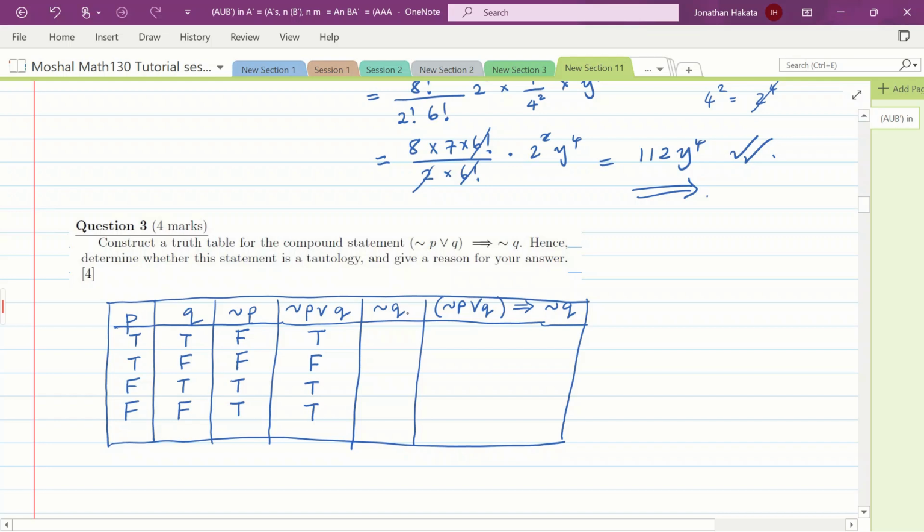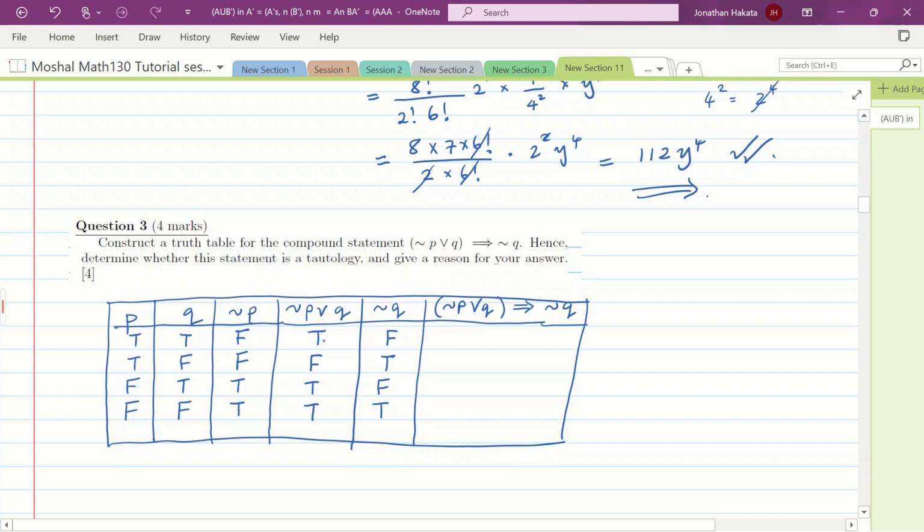Then in not Q, we are inverting whatever input is on Q. So true becomes false. False here becomes true. True becomes false. And false becomes true. Now, finally, we need an implication. A true implies a false.